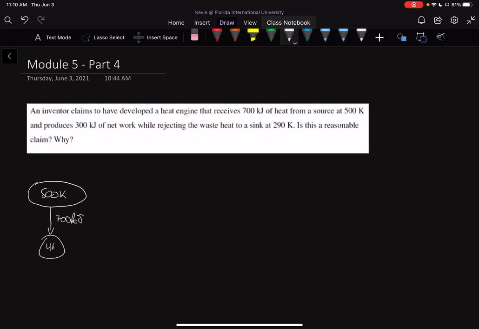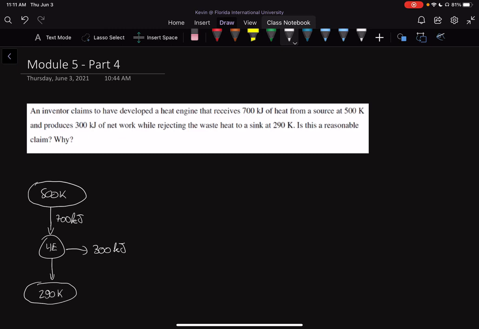We have our heat engine in the middle, and our work produced is 300 kilojoules. And we're told we're rejecting heat into a sink at 290 Kelvin. So that's all the information that we're given.